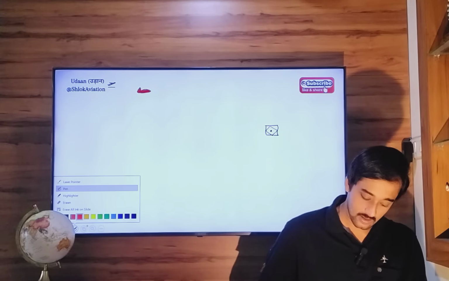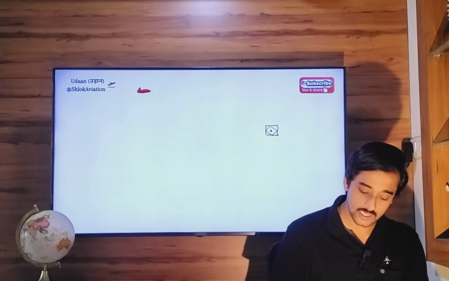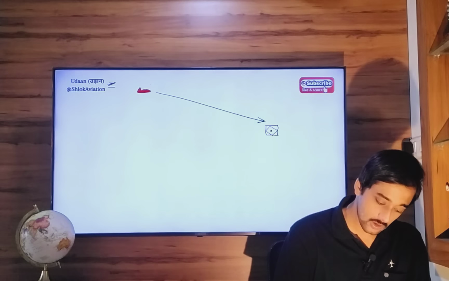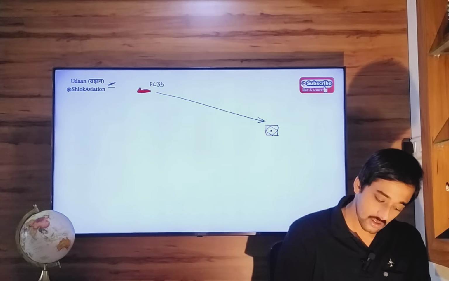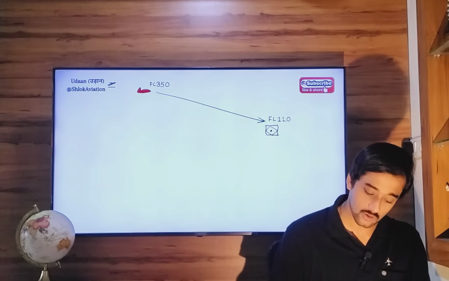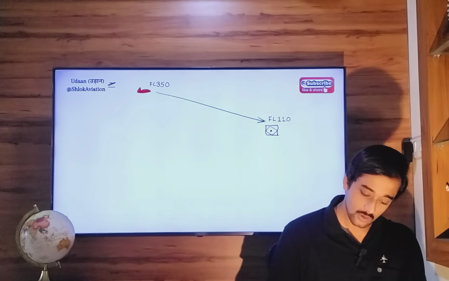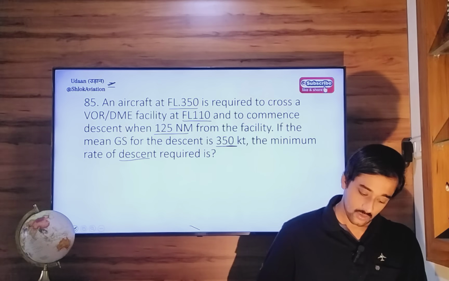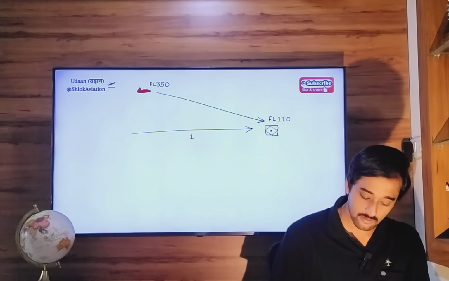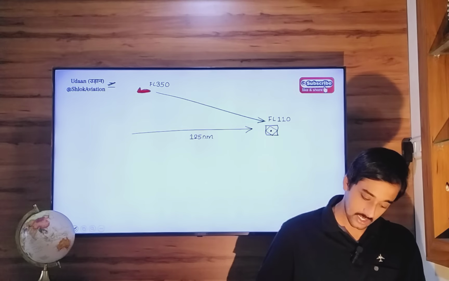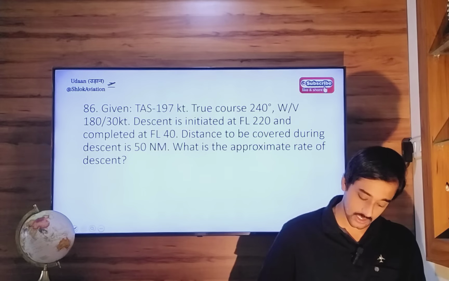Next, you have to descend to the VOR DME station. You are currently at flight level 350 and you want to come down to flight level 110. You are 125 nautical miles away, and your ground speed is 350 knots.